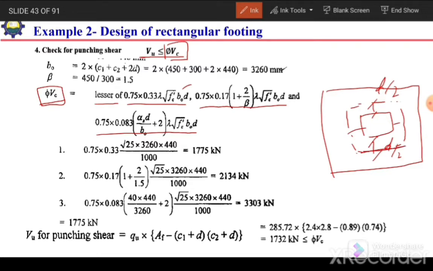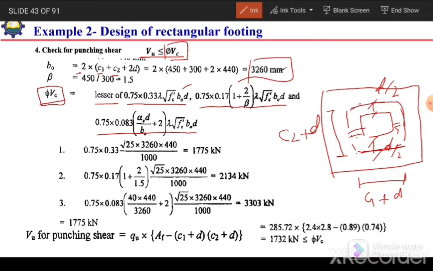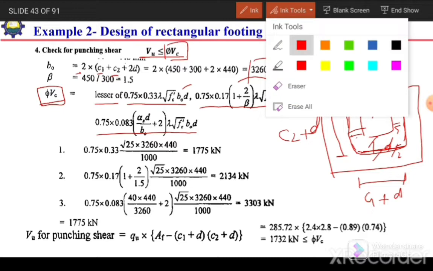So this dimension will be C1 plus D, meaning d by 2 on one side and d by 2 on the other side. Similarly, this dimension will be C2 plus D. If we find the perimeter, it will be 2 times C1 plus D and C2 plus D, or we can say C1 plus C2 plus 2D. From here we can find the value of the parameter of the critical section.